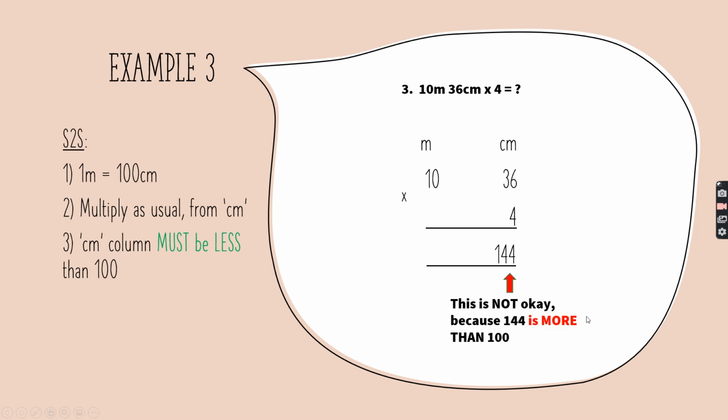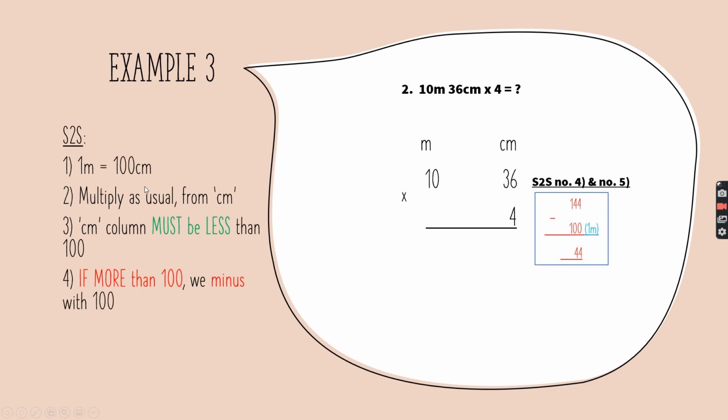not okay, because 144 is more than 100, and step 3 says centimeter column must be less than 100. So what happens now? Step 4. If more than 100, we minus with 100. So we're going to take this 144 and we're going to minus it with 100.